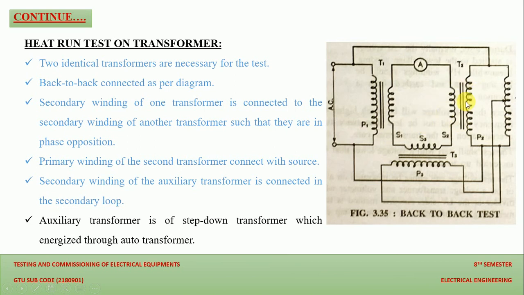Step down means that the turns of the secondary are fewer compared to the primary. The auxiliary transformer is energized through the auto transformer. So with the help of this auto transformer, this transformer will get energized. Let's discuss in detail how this test is carried out.